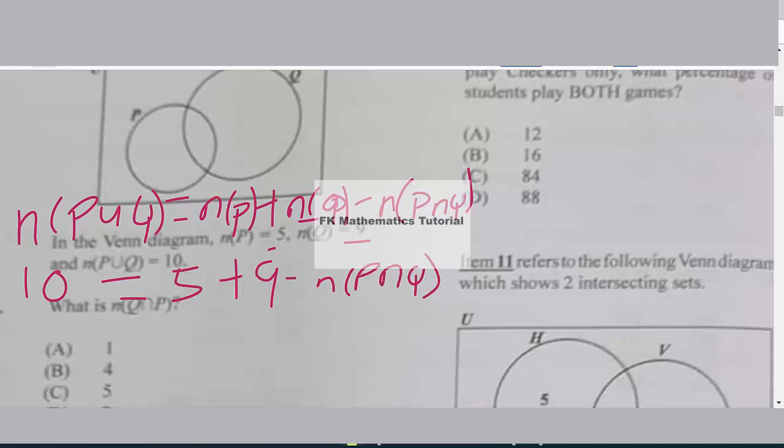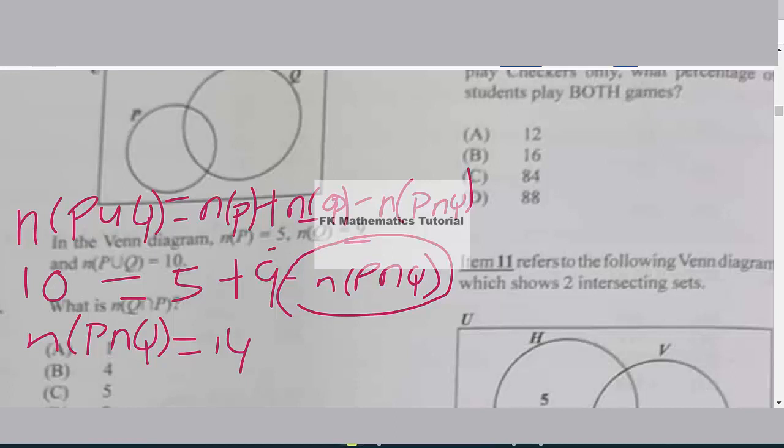Now 5 plus 9 is 14. But I'm going to move this negative thing all the way to the other side to become positive. So number of P intersection Q will be equal to 14, which is 5 plus 9, then minus 10. So that will be equal to 4. The correct answer is B.